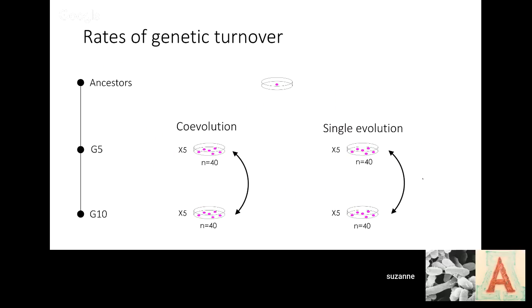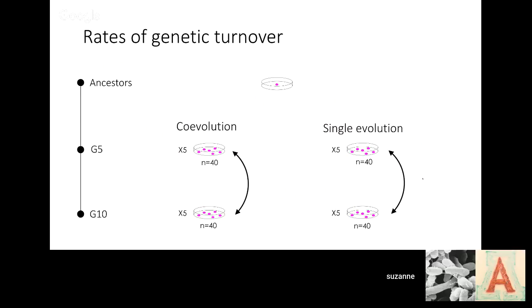And then the final thing that we looked at in terms of the genes was basically the rate of genetic turnover. So basically we looked at the rates of genetic turnover. A specific prediction from fluctuating selection dynamics is that you would expect to see a higher rate of genetic turnover across time, as these strategies are supposed to be fluctuating through time.